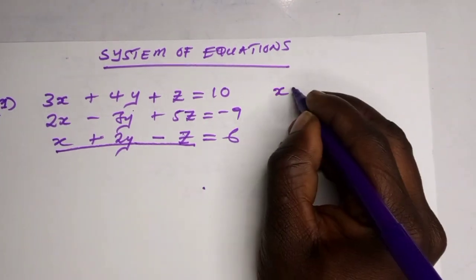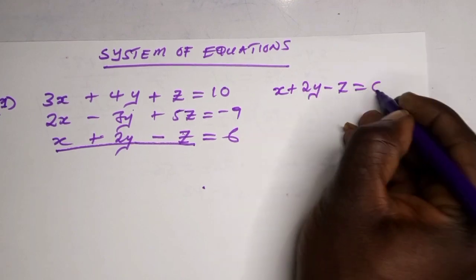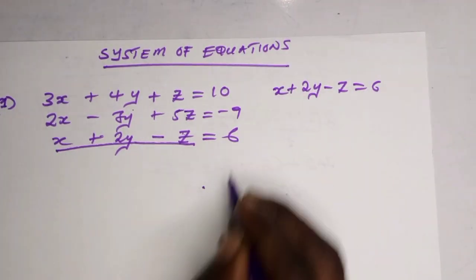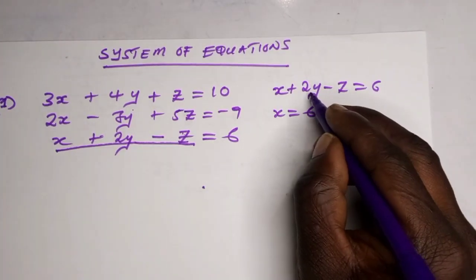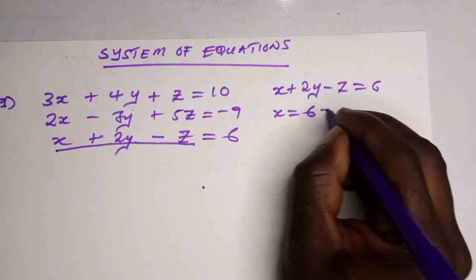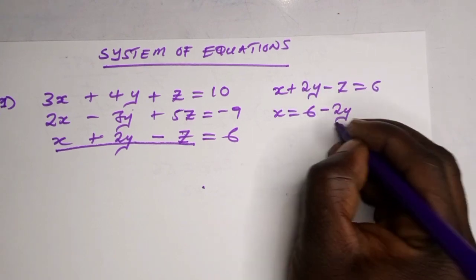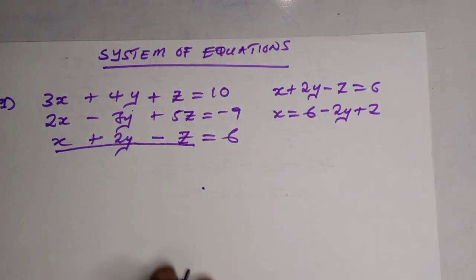We have x plus 2y minus z equals 6. Let's make x the subject of the formula. Then it will be x equals 6, then positive 2y, when it crosses the equal sign, will be minus 2y, and z crossing the equal sign will be plus z.